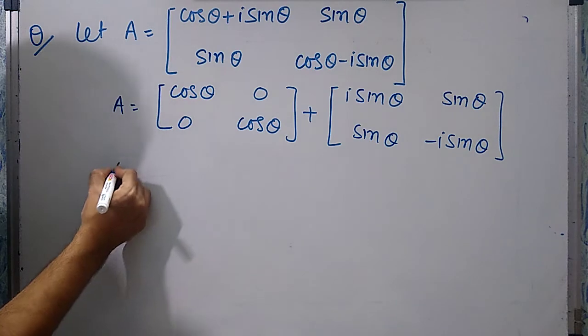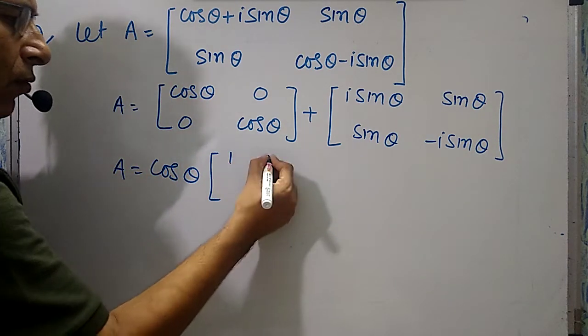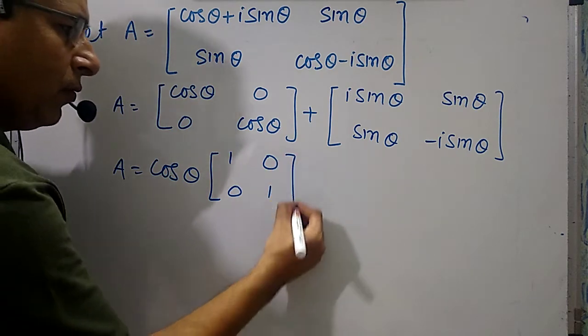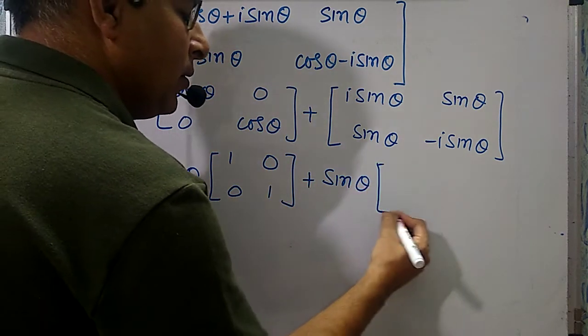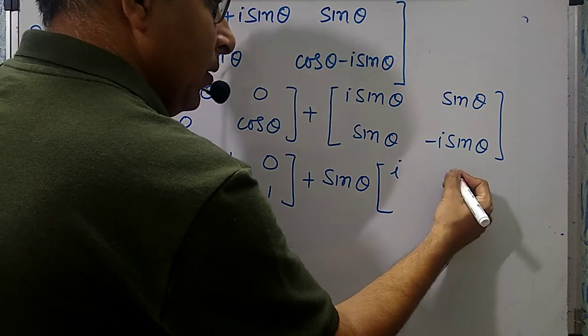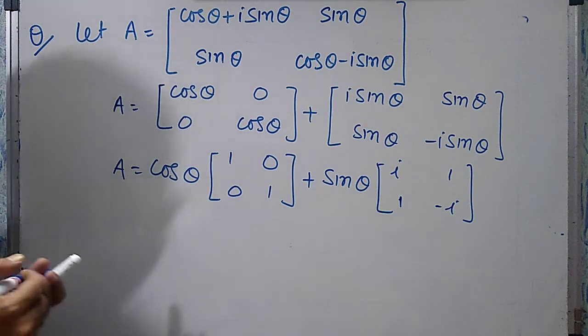So this can be written as A = cos theta times [1 0; 0 1] plus sin theta times [i, 1; 1, -i].